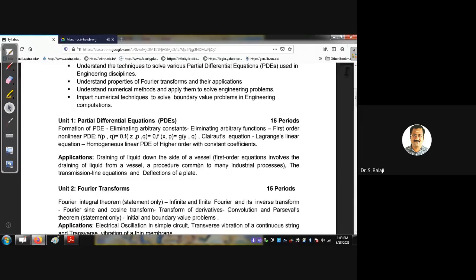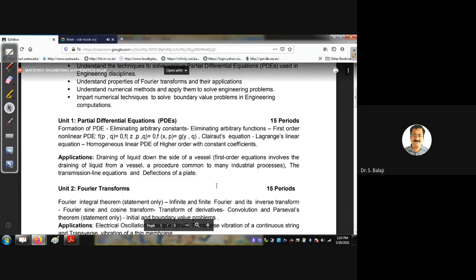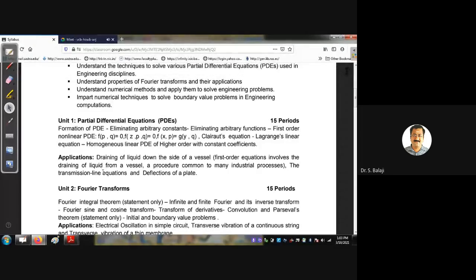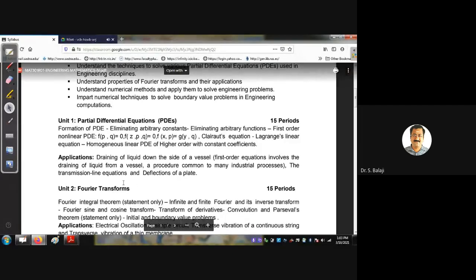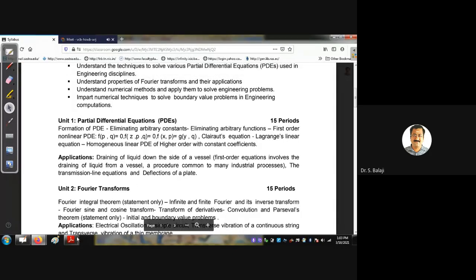Draining of liquid down the side of a vessel. This involves a first order linear equation, like Lagrange's linear equation. And another one is a telegraphic equation, the transmission line equation. These are the two application problems we are going to discuss today.